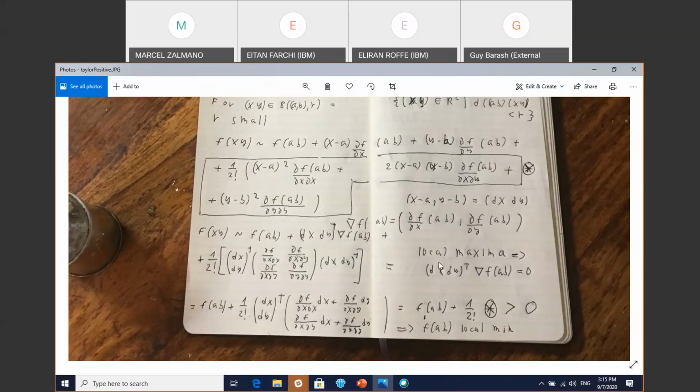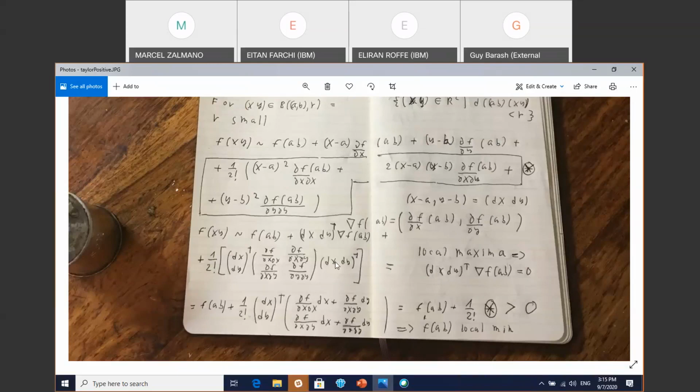If it's a local minima, there's a necessary condition: the scalar multiplication of the gradient and dx dy is going to be 0. So this part of the expansion goes away. Now this part of the expansion is actually this.